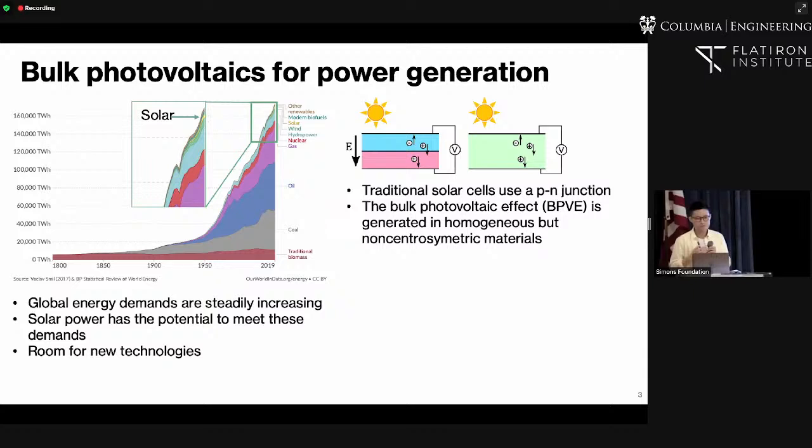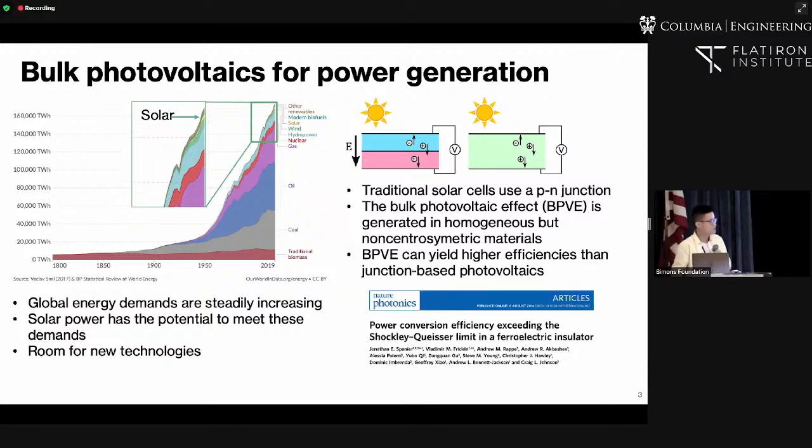We call this effect the bulk photovoltaic effect because it appears in a bulk material, not a material composed of heterojunctions. Because the working principle of the bulk photovoltaic effect is very different from the traditional one, it can in principle surpass the Shockley-Queisser limit for traditional solar cells.